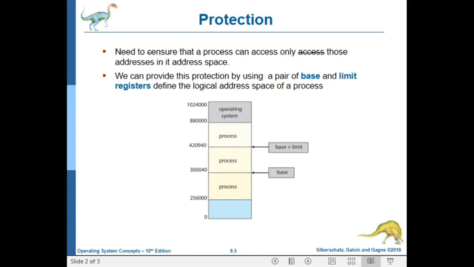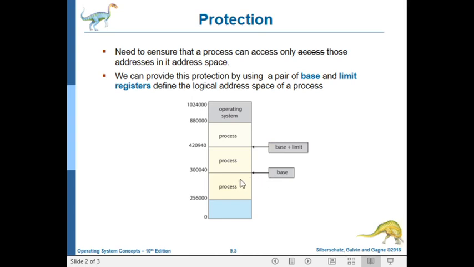We can do this with a pair of base and limit registers. The base register is the starting address of the region of memory, while the limit register is the size of the region, either in bytes or words. This combination is also known as the bound register.